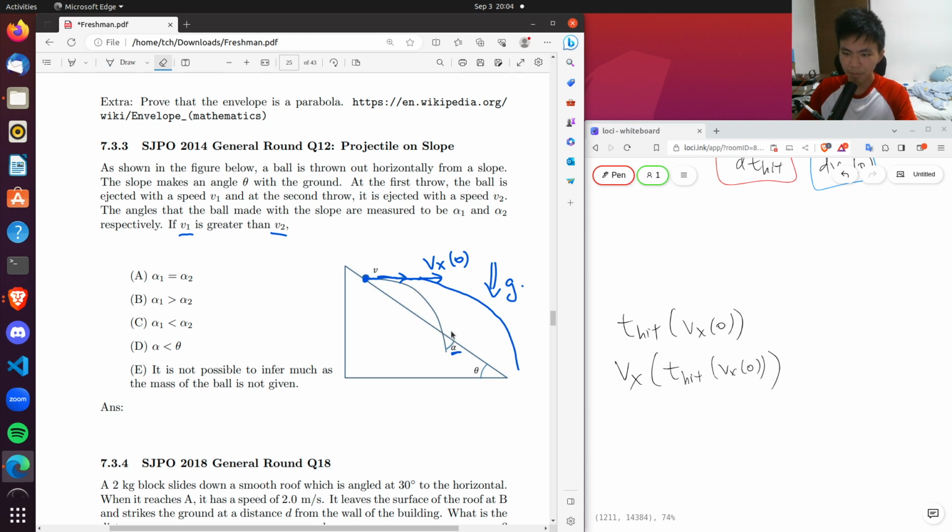And because the acceleration is g in both cases, if we take snapshots in time, so imagine two people throwing two balls, one at a lower velocity horizontally and one at a higher velocity horizontally, and then we take a photo for each time. So maybe at this point in time, it looks like this, and at this point in time, it looks like this.